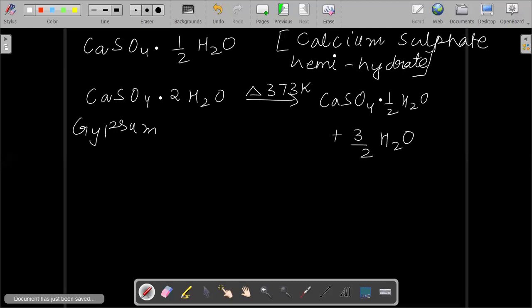Sir, I had this doubt. It's very general, but why is the common name of calcium sulfate hemihydrate POP? Why plaster of Paris? See, it is used for plastering purposes and it's a little bit fancy, that means decorating purposes.